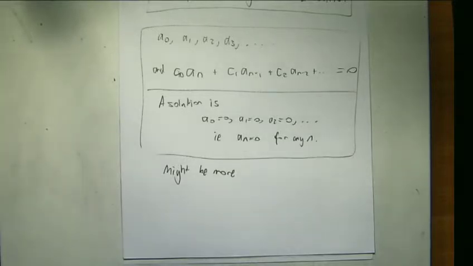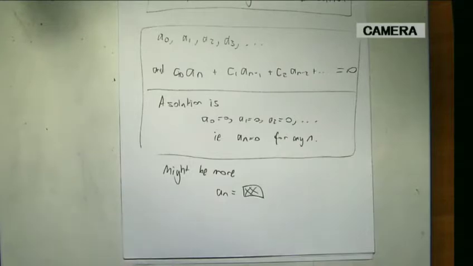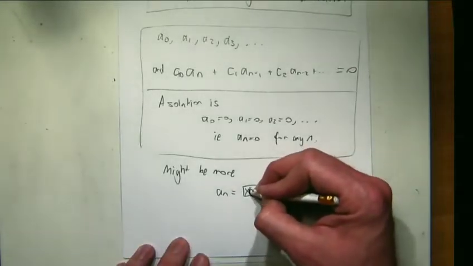So AN equals whatever it looks like, with an n in it, some formula that has an n.